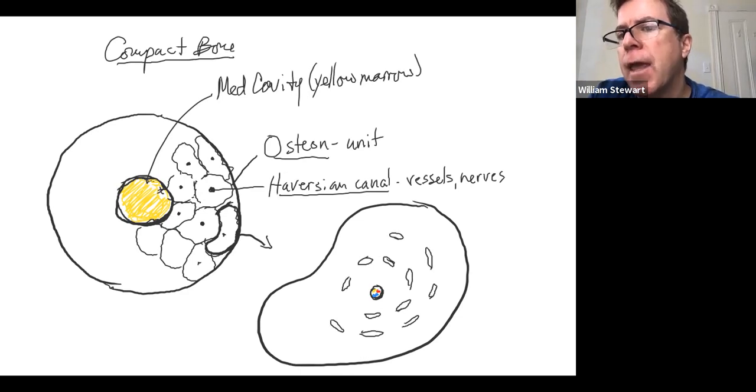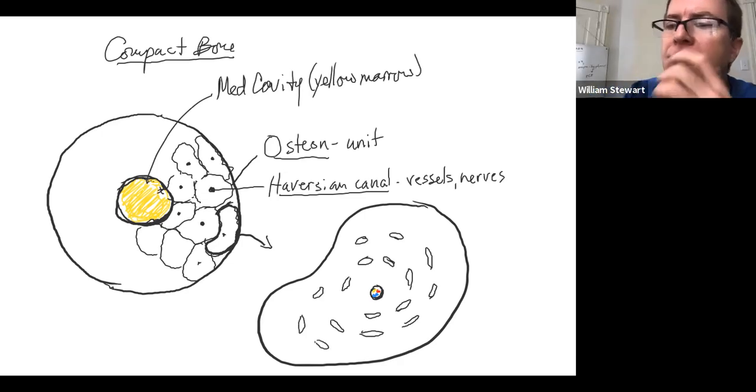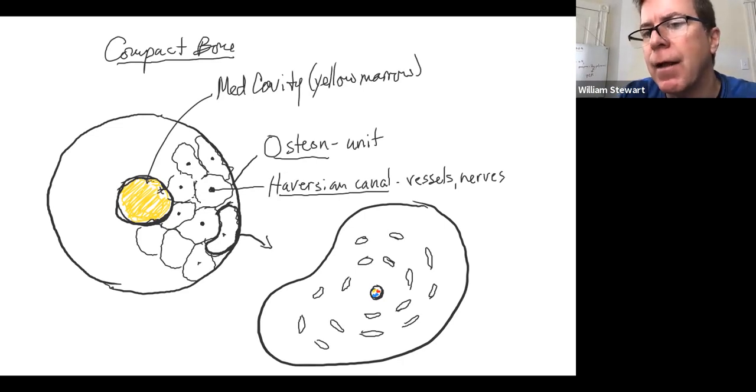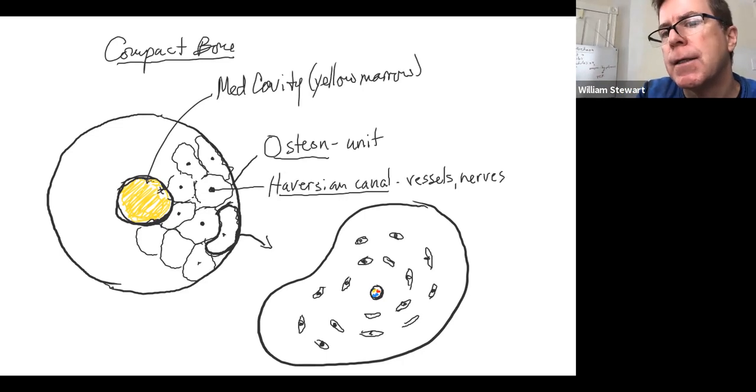These little caves or cavities have a name. And inside of each one of them is a living cell, an osteocyte. So I'm going to put a living cell, a mature bone cell, an osteocyte in each of these little pockets. And I'll label it for you. This would be an osteocyte inside of a lacuna.